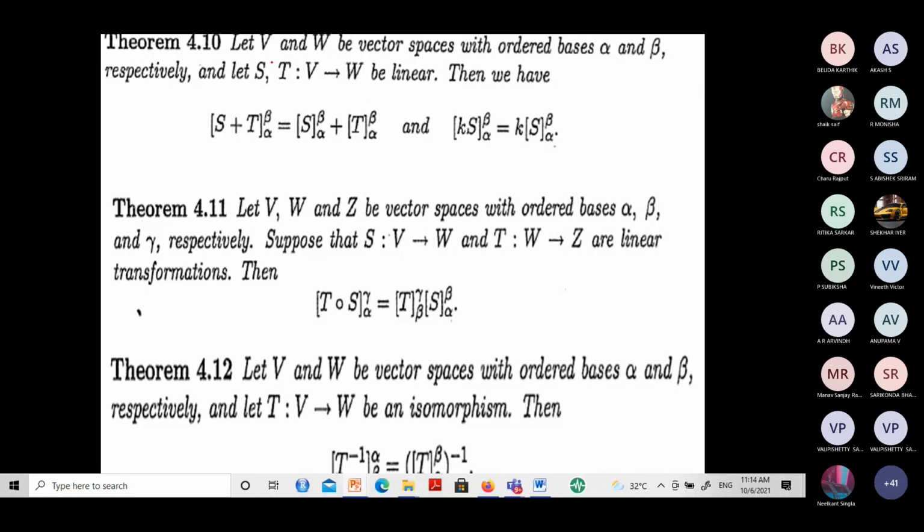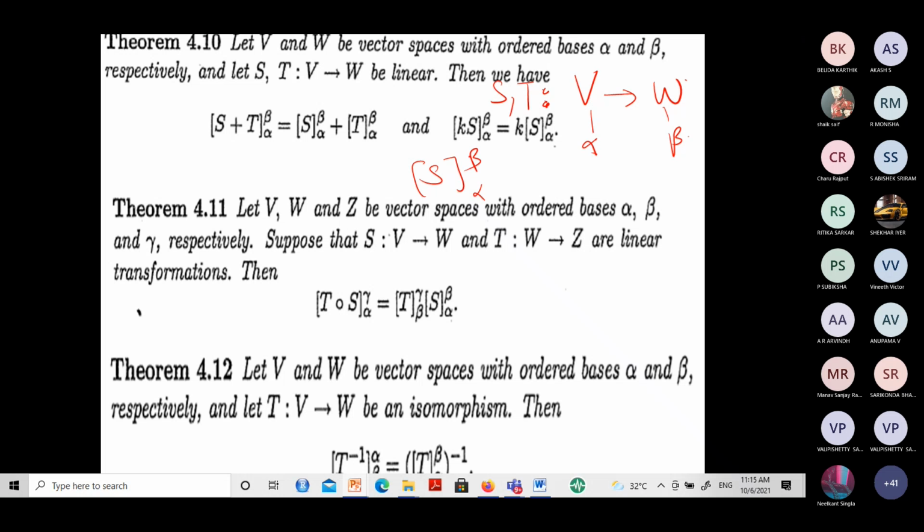See, let V and W be vector spaces with ordered bases alpha and beta. And let S comma T, very important here. V is a vector space, W is a vector space. For this alpha is the basis, and for this beta is the basis. S and T are two linear transformations from V to W. S is a linear transformation, T is also a linear transformation. Then, you know what is the meaning of this?